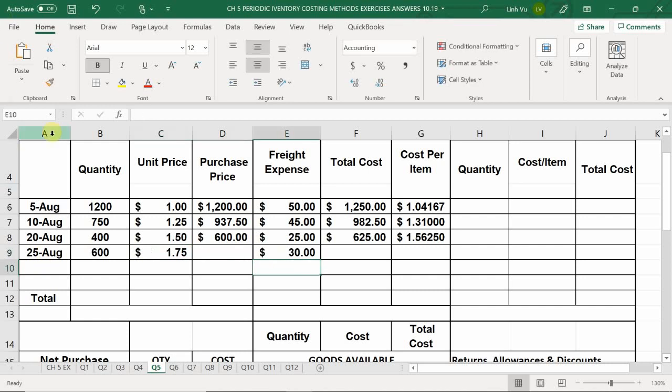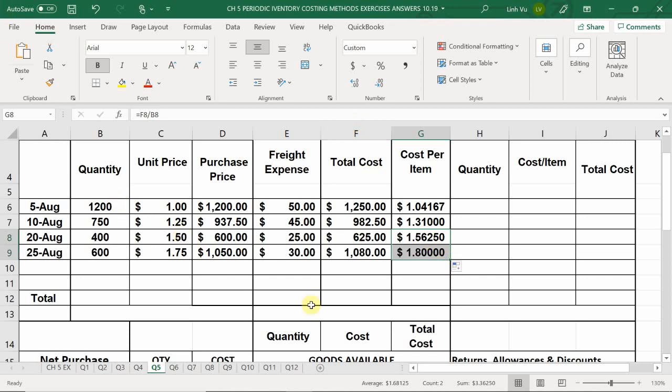So in this case, what is my purchase price? $1,050. 1,050 plus 30, $1,080. And my cost per item here is going to be $1.80.